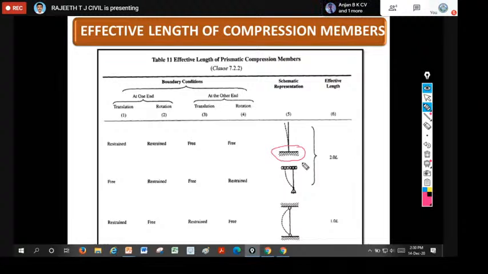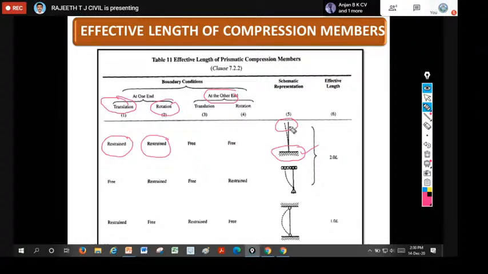That means there will be restriction for translation and restriction for rotation, giving full restraint to the connection. Therefore, when you provide a fixed end, you can directly say it is restrained for translation and for rotation. So at one end there is no horizontal movement for the member connected to the fixed support, and also rotation restraint. Now at the other end, meaning this top end here.